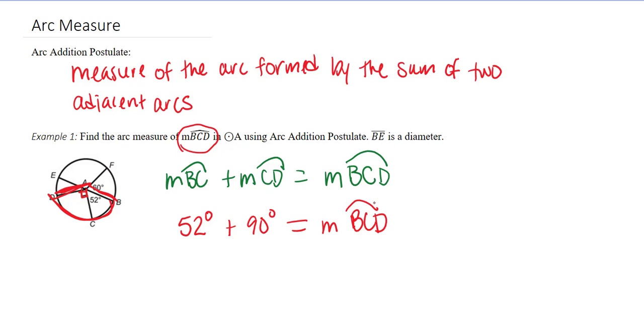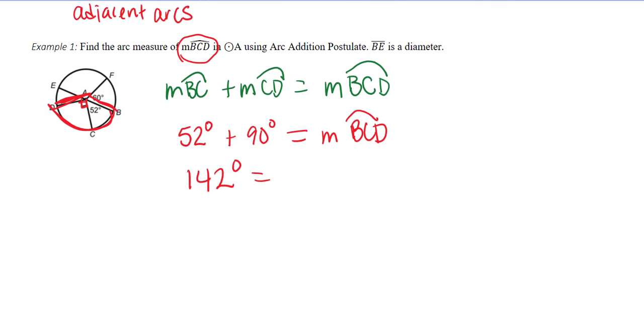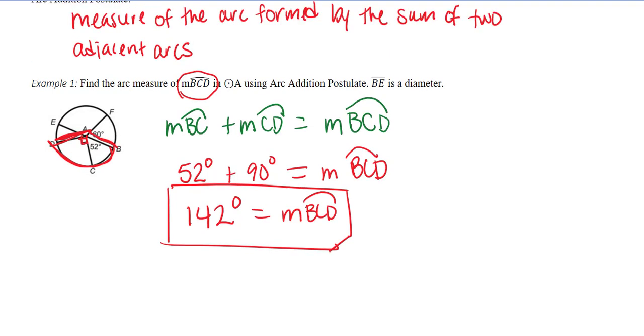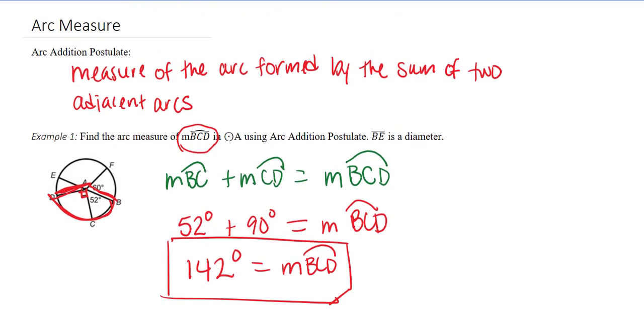So what does that equal? Well, we've already gone over this, but this is 142 degrees, and that's the arc measure of BCD. Now it's important to understand it in terms of our arc addition postulate, so how we can add two smaller arcs together to form this larger arc. So let's look at another example.